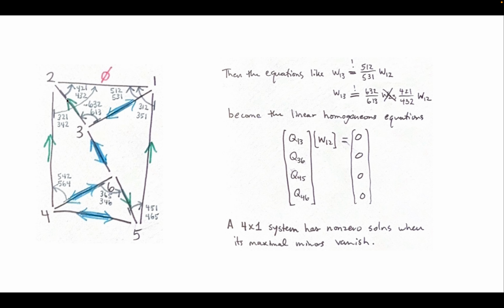Then we go from 2, 3 over to 1, 2. And we now have this separate way. So really, if we set these equal and move everything to one side, we see that we get a linear equation in W12. That's the first equation, just this first row from source 1, 3. And then we've also got sources 3, 6, 4, 5, and 4, 6. So we've got 4 equations.